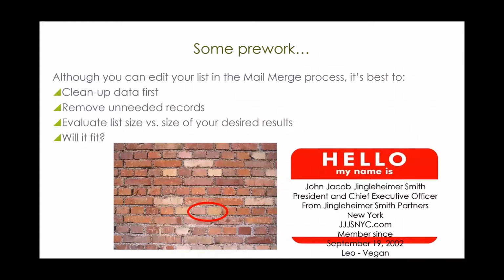A, do you have all the right fields? B, do you need to be economical with what you include on there? I will admit that early on in getting the hang of using mail merge, I did the mail merge first and then had to go back and fix the ones that didn't work well.